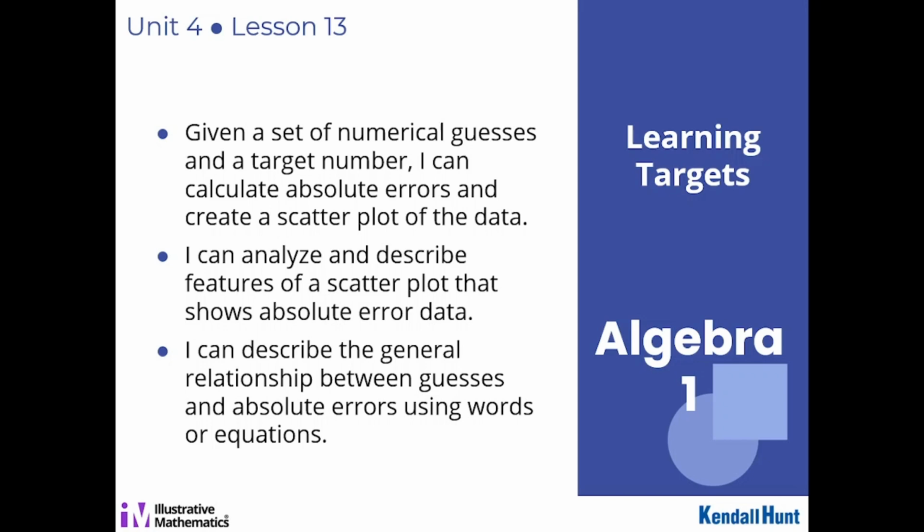So if you feel that you can calculate the absolute error, how far the guess is from the target number, and if you feel you can then plot those on a graph and create that V-shaped graph, then you are right where you should be.